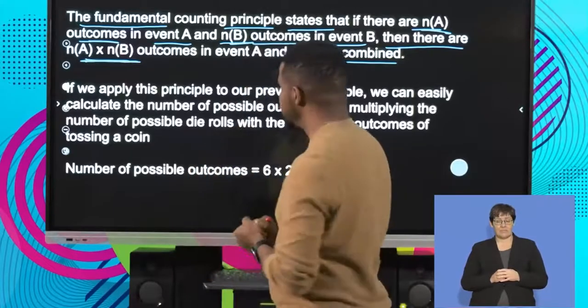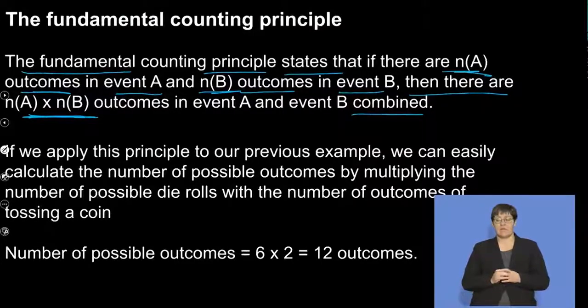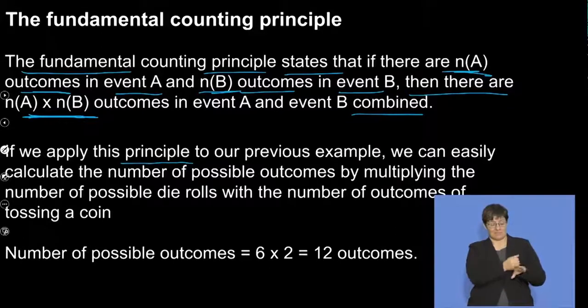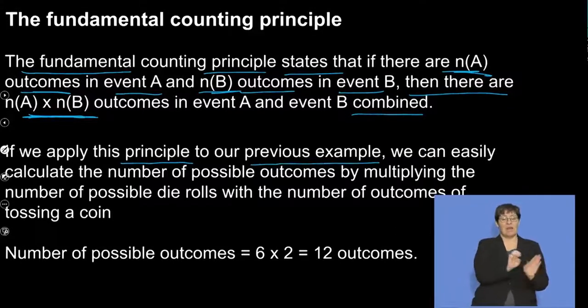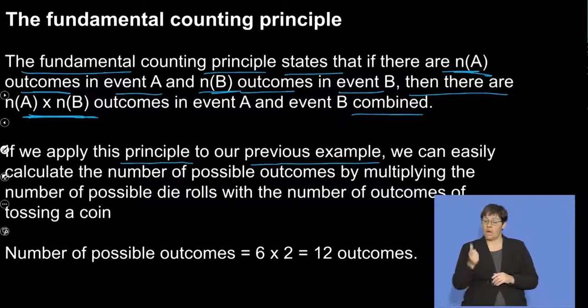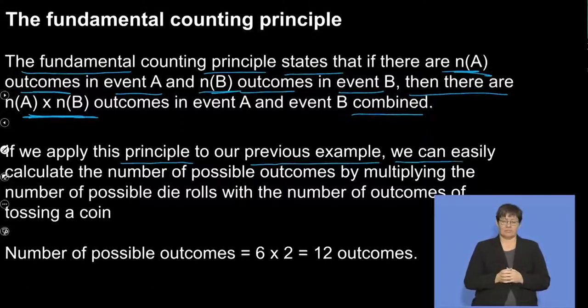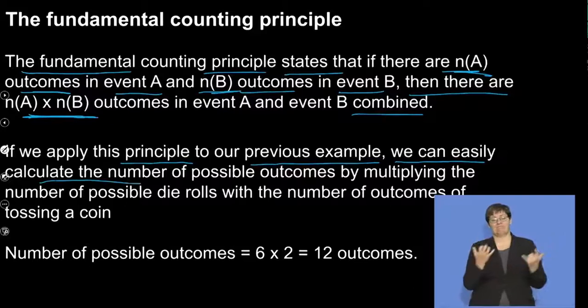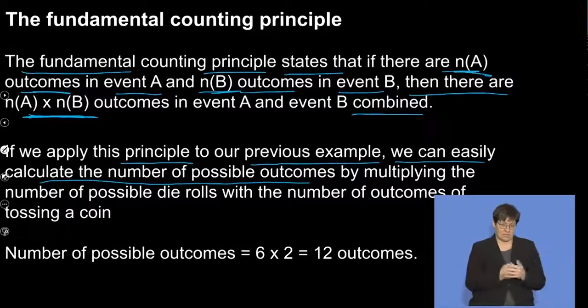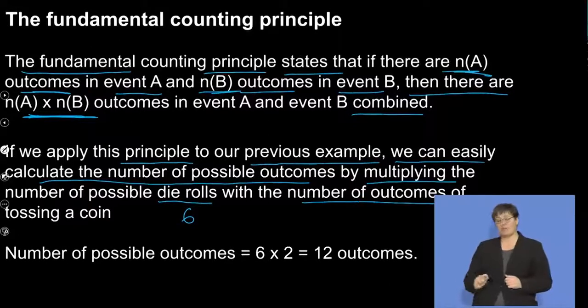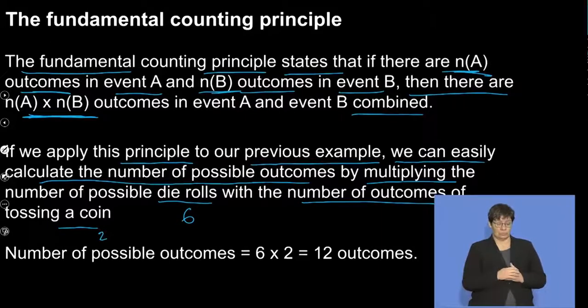So if we apply the fundamental counting principle to our previous example with a coin and a die, we can easily calculate the number of possible outcomes by multiplying the number of possible die rolls, which is 6, with the number of possible coin tosses, which was 2.